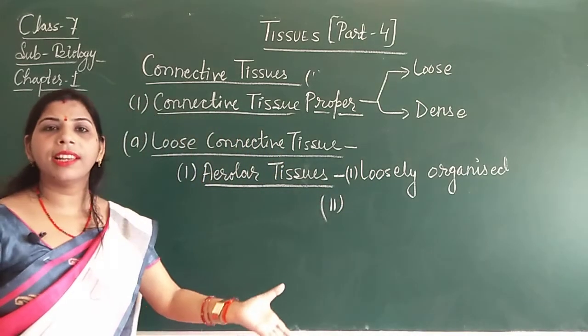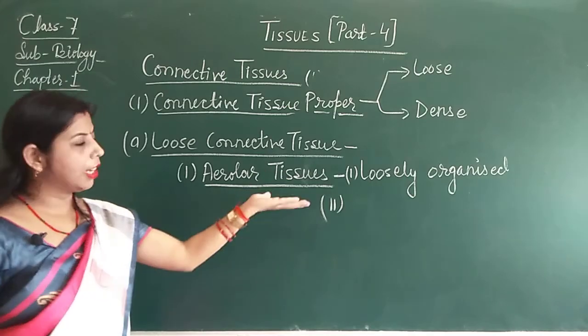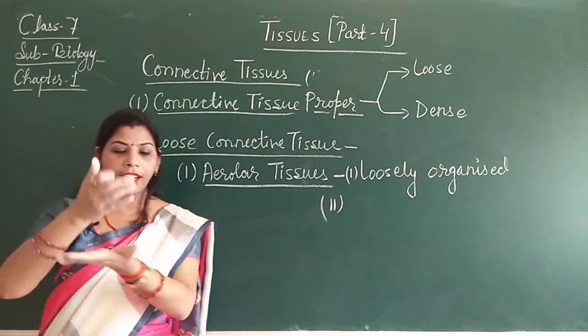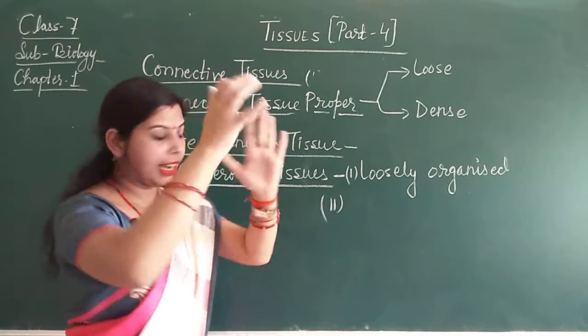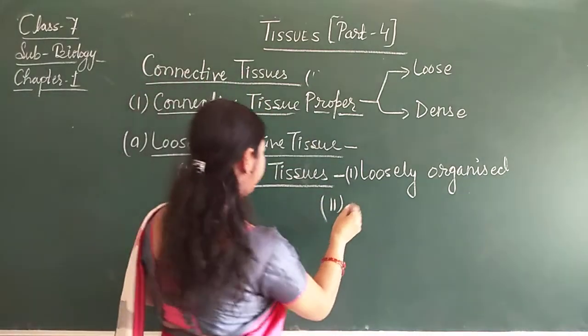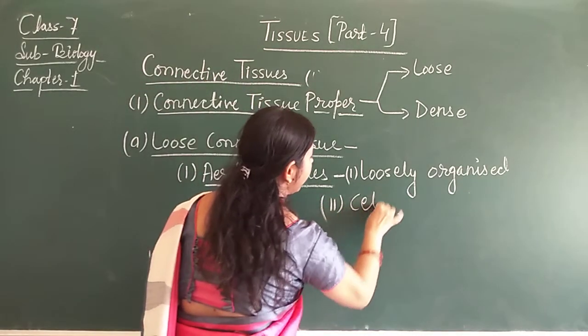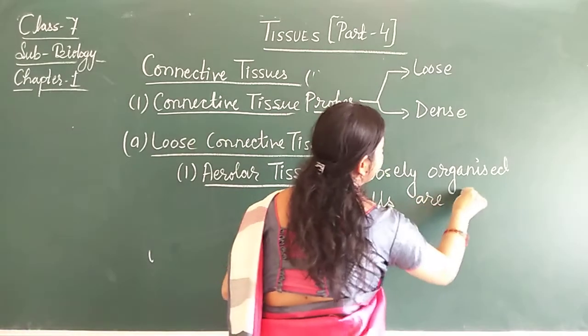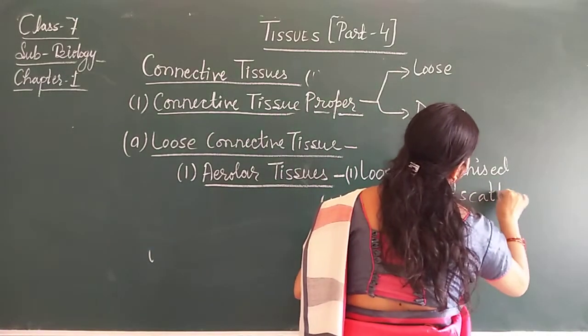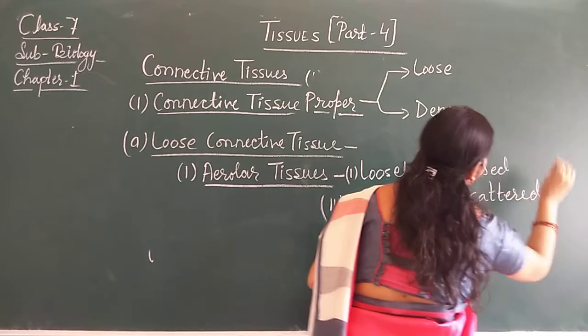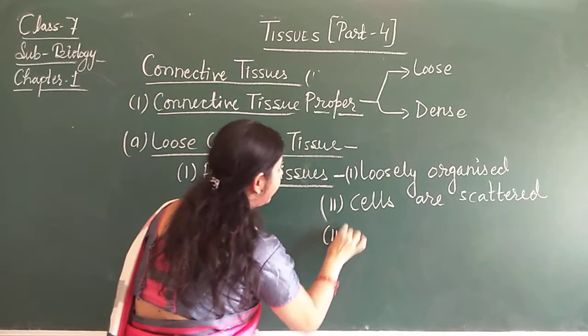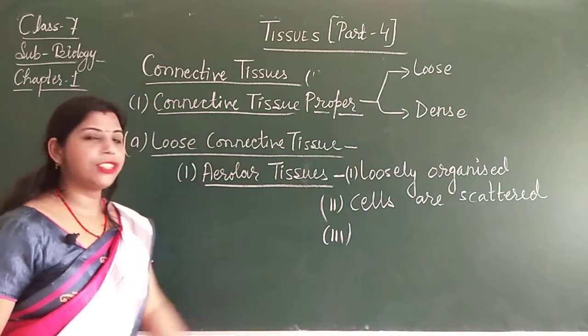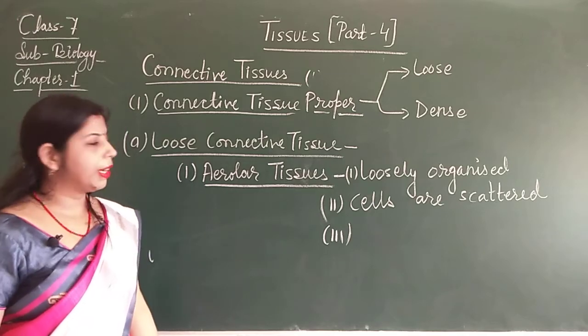This is present in the surface of the skin. That means the cells are scattered from each other.